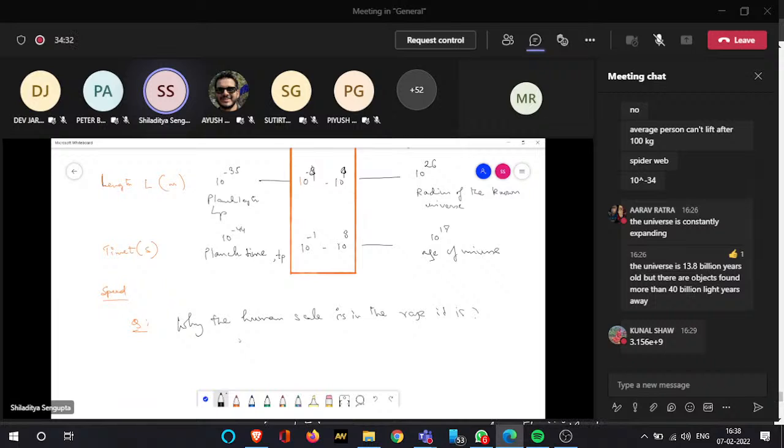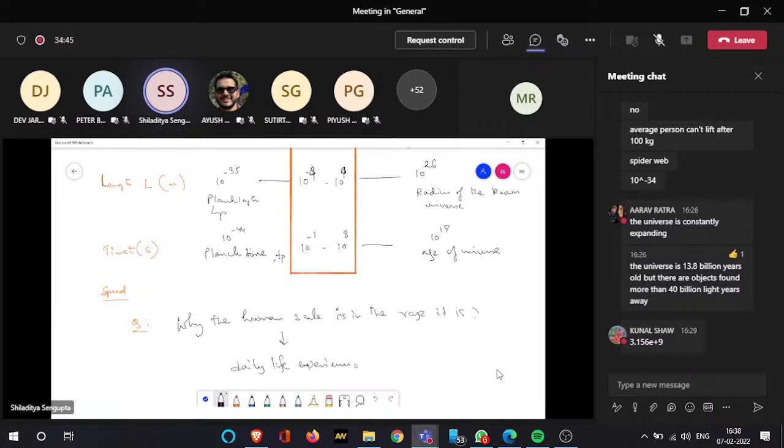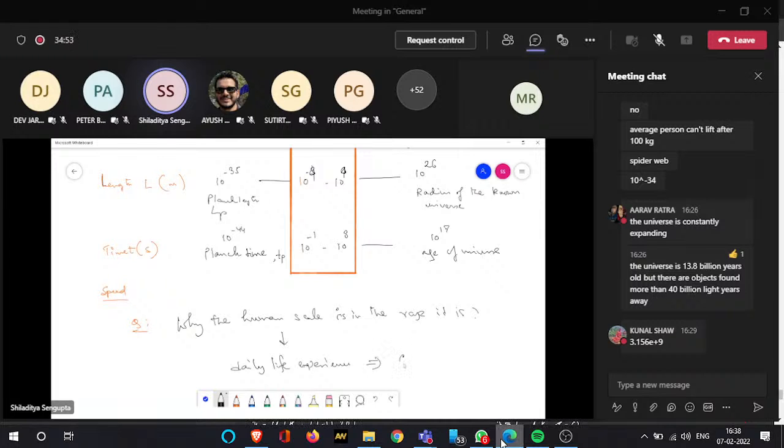defines what you call the day-to-day life experience. And this day-to-day life experience means the different objects that we see around us, the different natural phenomena that occur around us, and this is the subject of condensed matter physics.